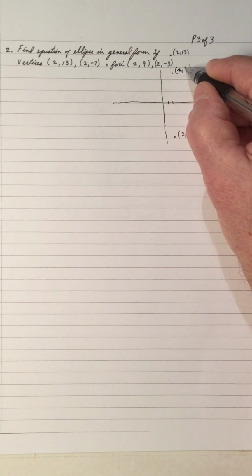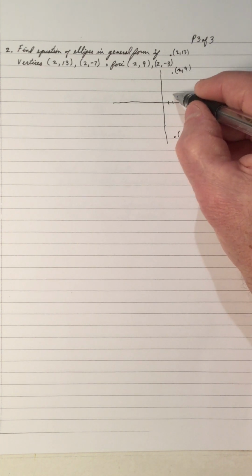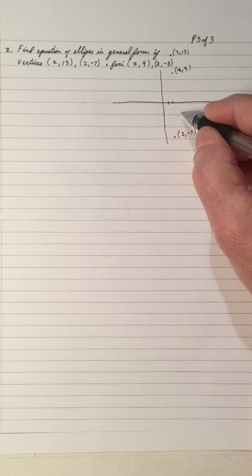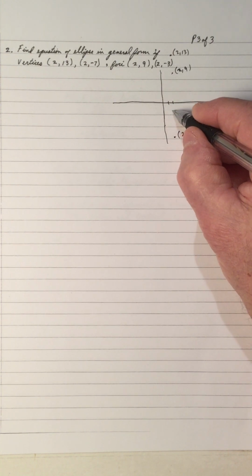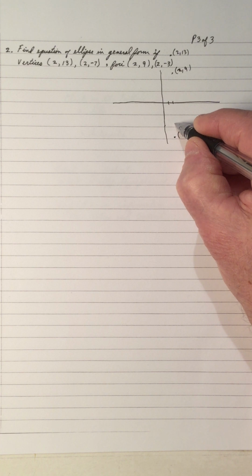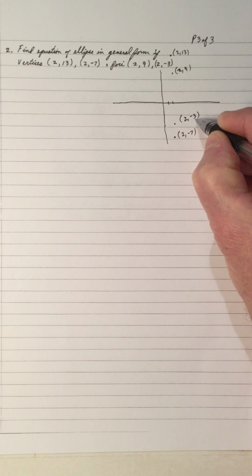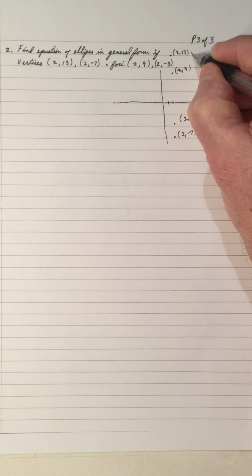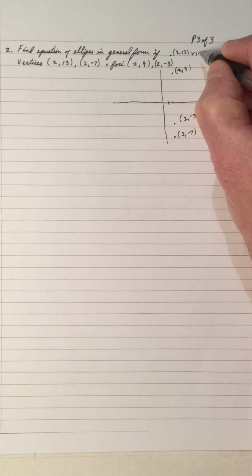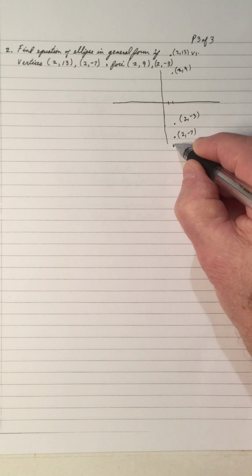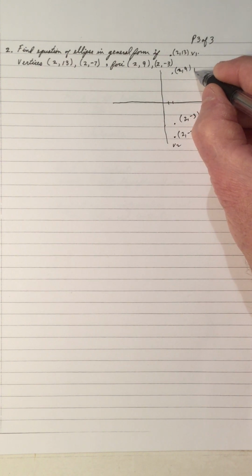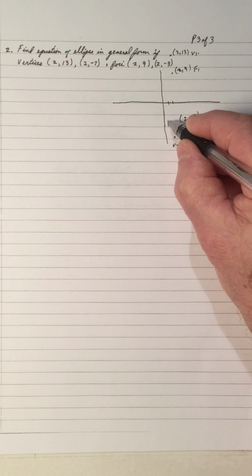Remember, that's (2, 13), so 9 is just before it, and (2, -3). So let's take (2, -3) to be here. Again, they're not exact. So this is vertex 1, and this is vertex 2, and this is foci 1, and we can call this one foci 2.